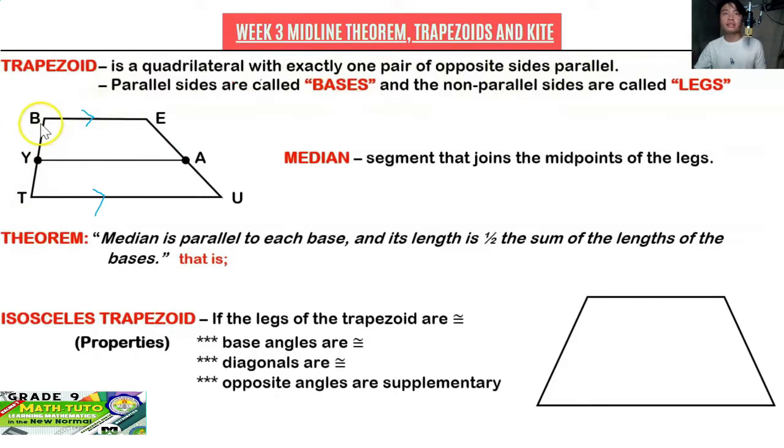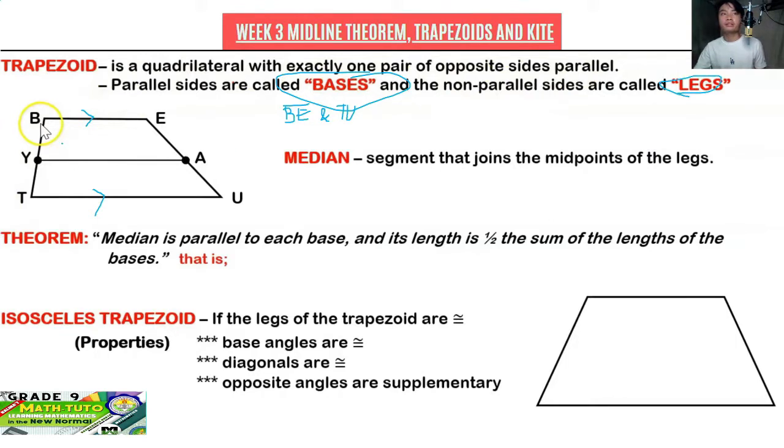So, lilista natin. Parallel are the bases. Ano yung bases natin? We have BE. And we have, ano yung kaparallel ni BE? EU. So, yun yung tinatawag na bases. How about the legs?